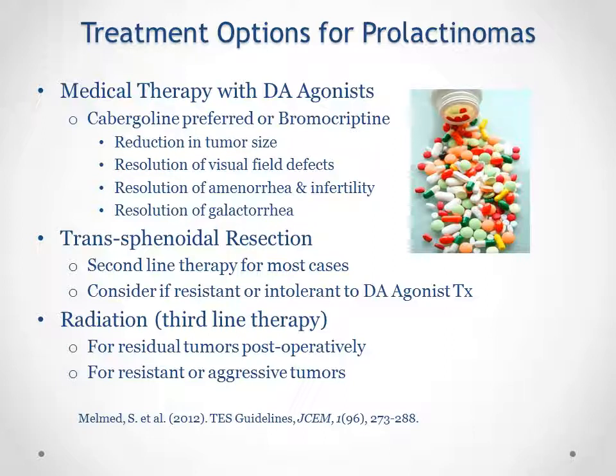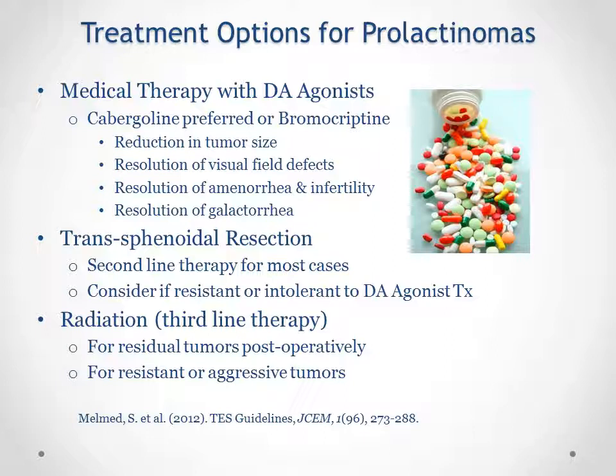So cabergoline is considered the first choice drug for treatment, except for patients who want to get pregnant in the short term. One of the challenges with the medications is that they need to continue for a long period of time, which is very difficult for patients, especially since they are usually asymptomatic.